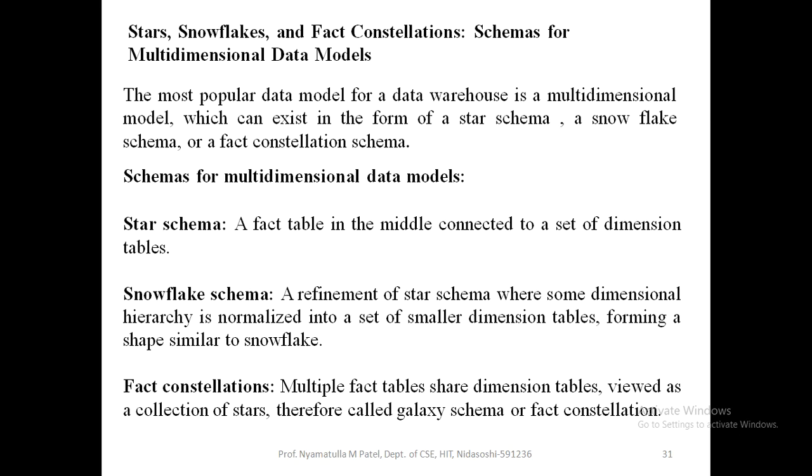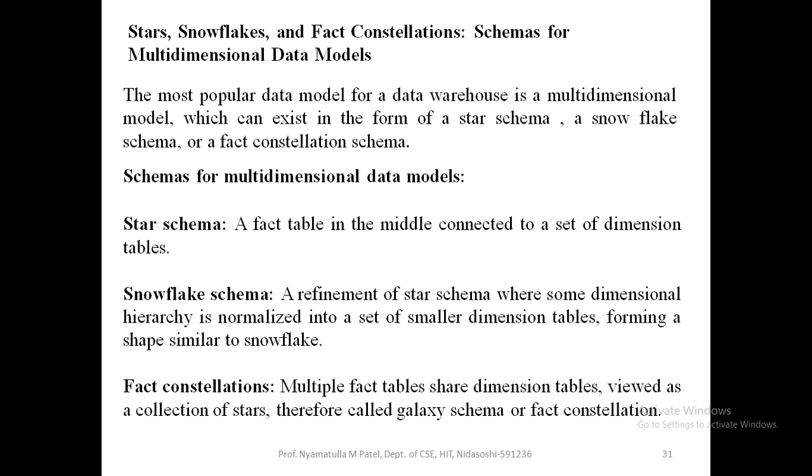A snowflake schema is a refinement of star schema where some dimensional hierarchy is normalized into a set of smaller dimension tables. Here the hierarchy is maintained, forming a shape similar to a snowflake.